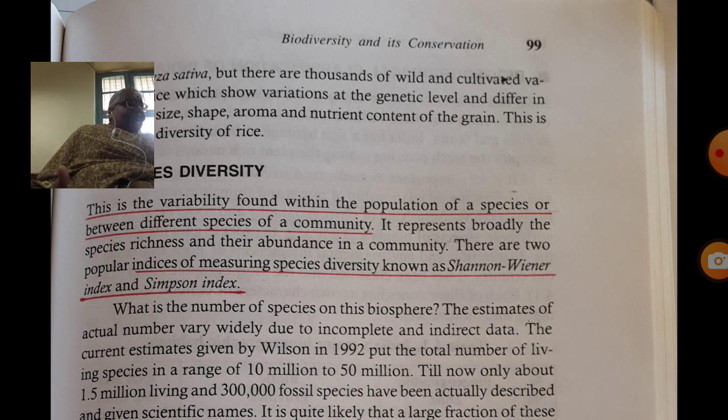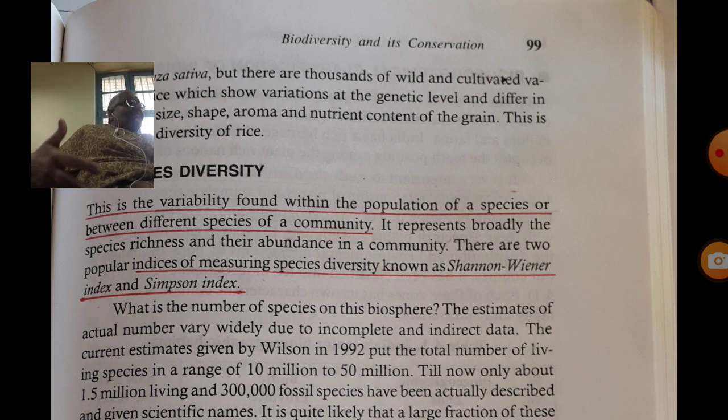Variations within the genes is going to be the genetic diversity. At the same time, variability found within the population of a species or between different species of a community refers to the species diversity. And it represents broadly the species richness and abundance in a community.